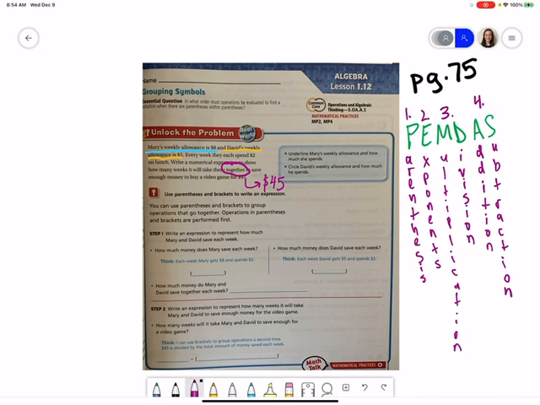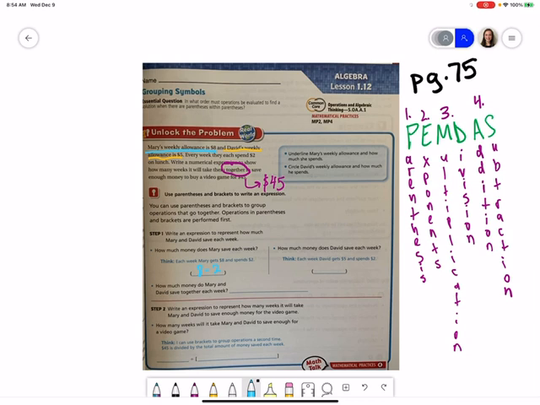So we're going to write an expression to represent how much Mary and David save each week. How much money does Mary save each week? She gets $8. Let's do it in her blue color. She gets $8 for allowance, and she spends $2.